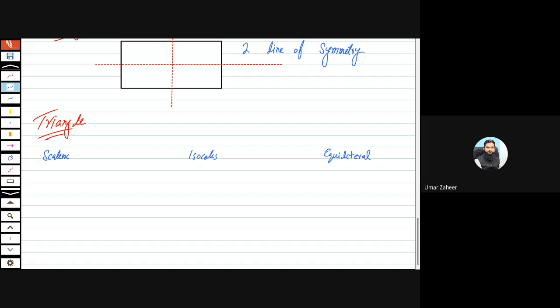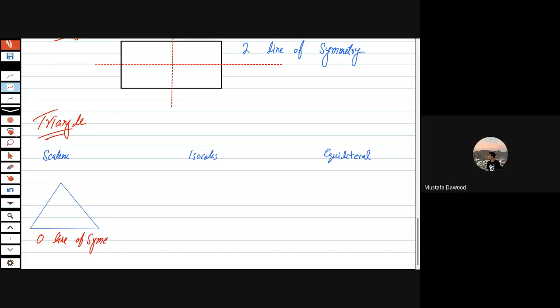In scalene, all the sides are different. In that type of triangle, we have no line of symmetry, or 0 lines. But in isosceles and equilateral, you'll have lines of symmetry.